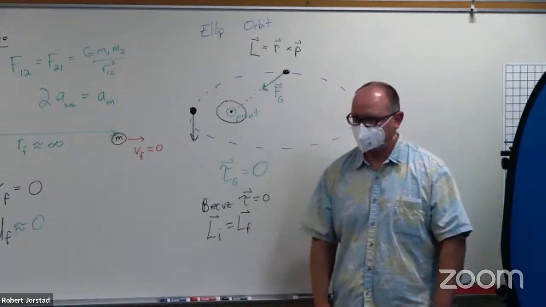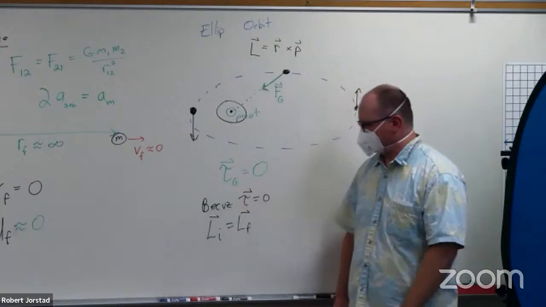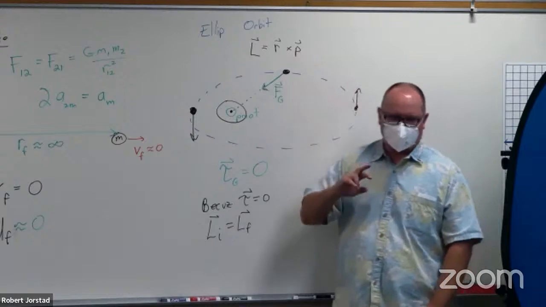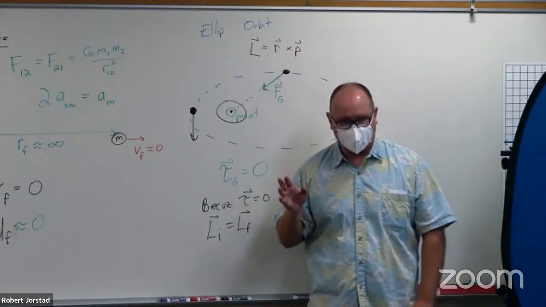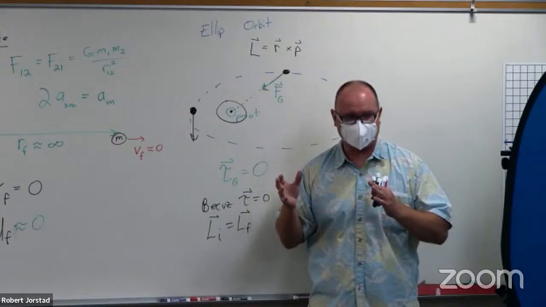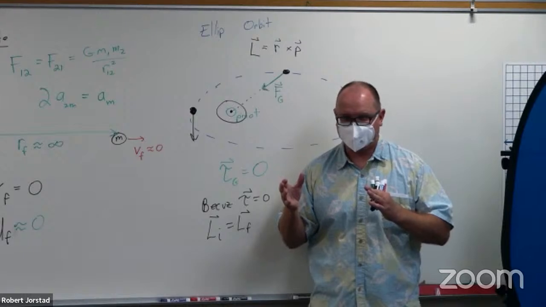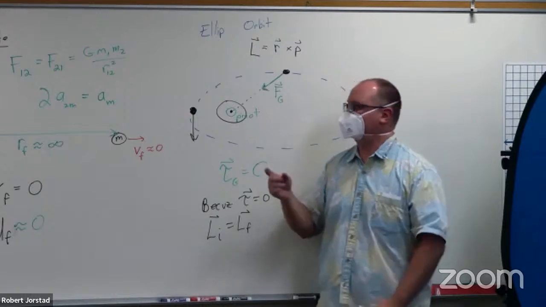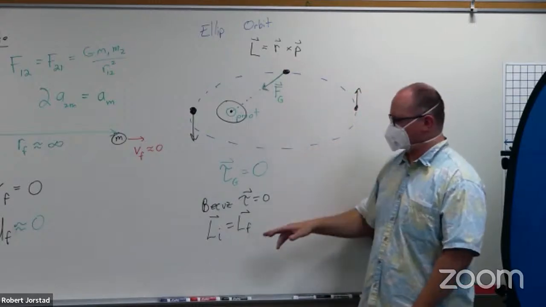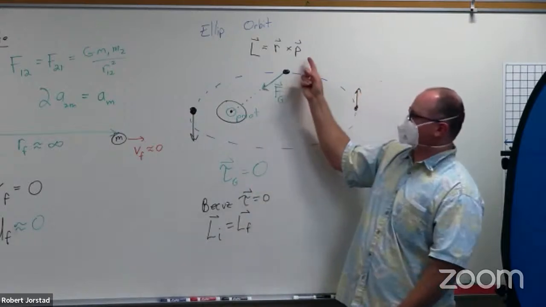Cool. A famous phrase historically, I should mention this since it's kind of interesting. The angular momentum relates to a cross product. Does anybody know a geometrical interpretation of a cross product? It's the area of the parallelogram created by these two vectors. And so what we say is equal areas over equal time, because time plays into this.